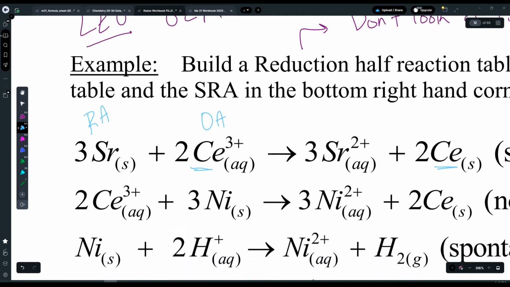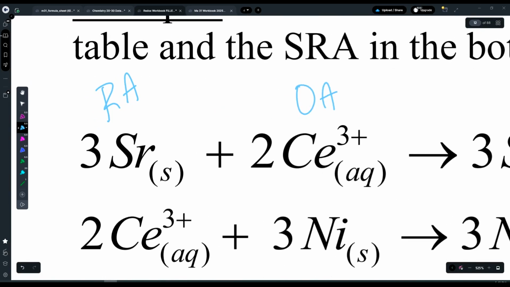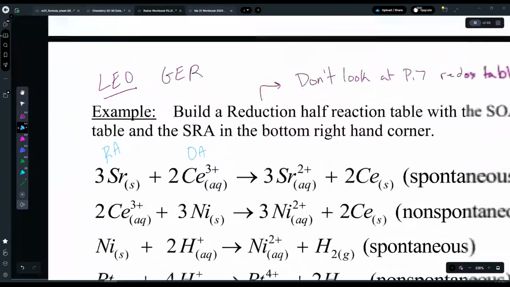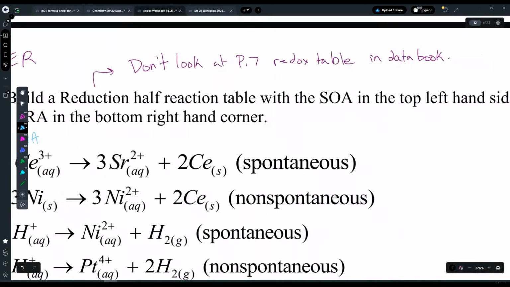So essentially, once you figure out one agent, you pretty much have the other. You're always looking at your reactants to determine what's your RA and what's your OA. Whichever one you've figured out to be the RA, the other one has to be the OA, or vice versa.